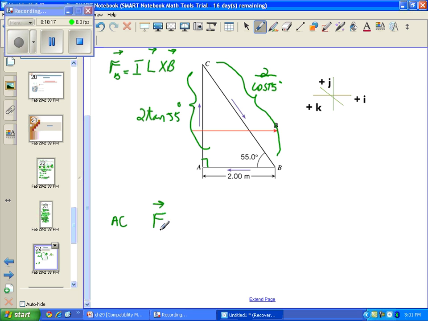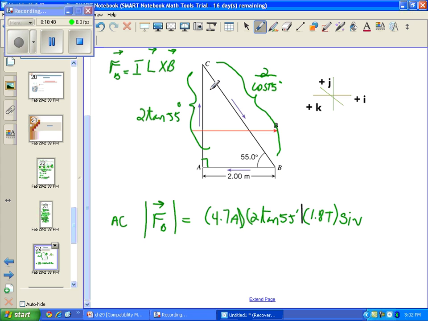So AC, we have an FB magnitude, which is equal to I, 4.7 amps, times L. Our L is 2 times the tangent of 55, times B. B is 1.8 Tesla, times 1. 1 because the angle between AC, the length of the wire, the direction of the current, let's say that, which is the positive j hat direction, and the direction of the magnetic field is the positive i hat direction.